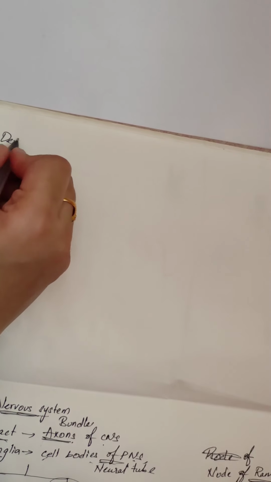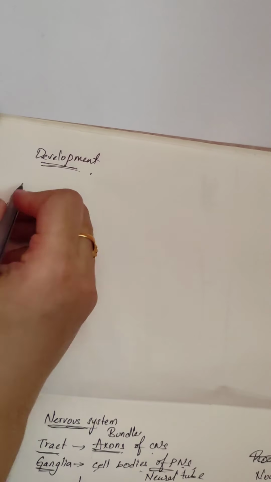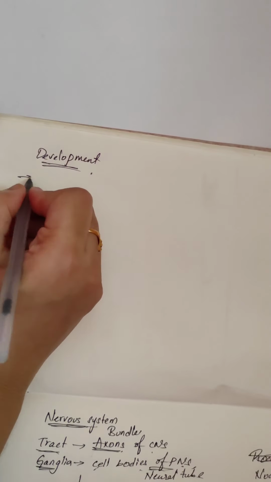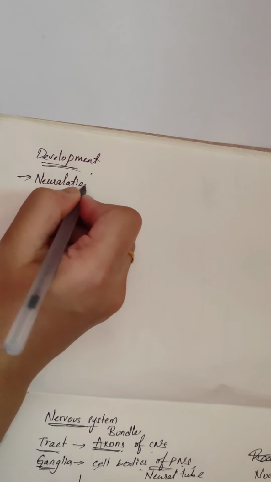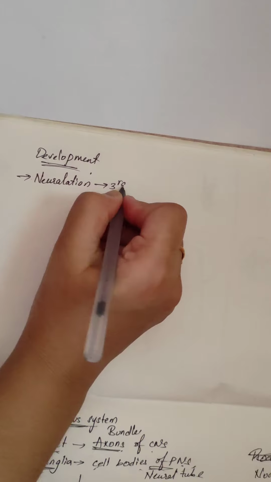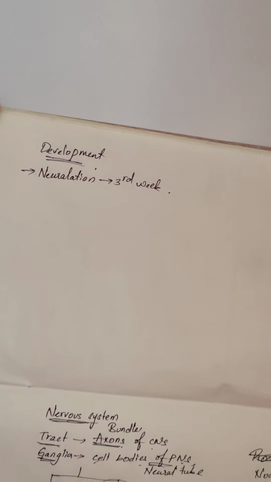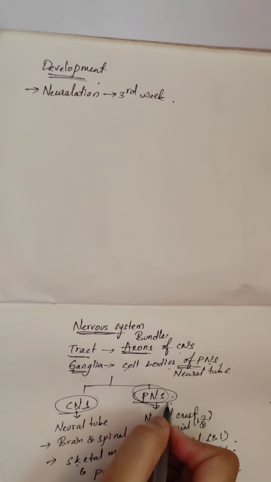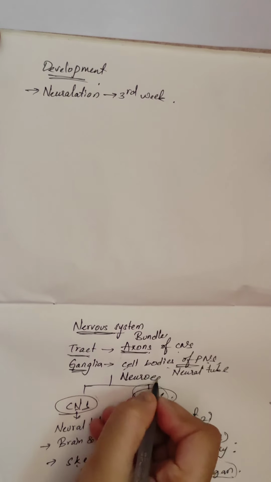So next, if we come to the development of the nervous system, how does it develop? First, the process of neurulation takes place, in the third week. Both CNS and PNS, as I said, are derived from neuroectoderm.